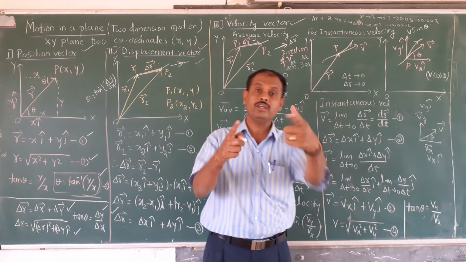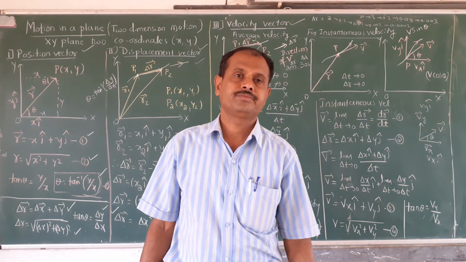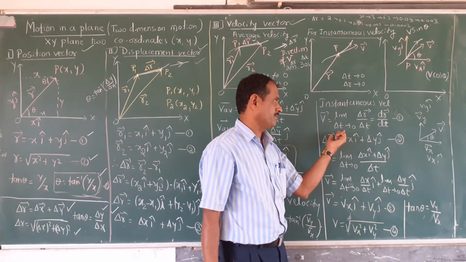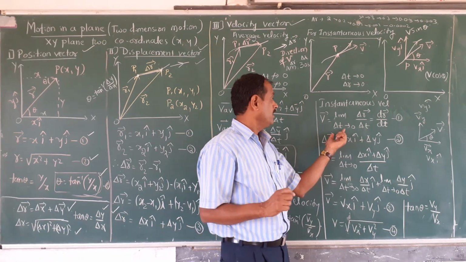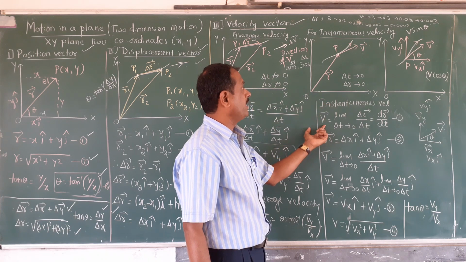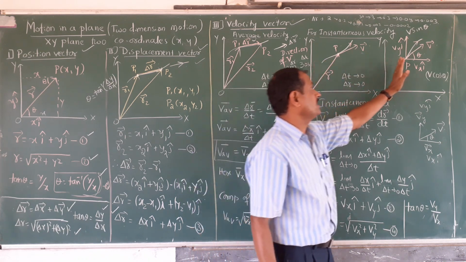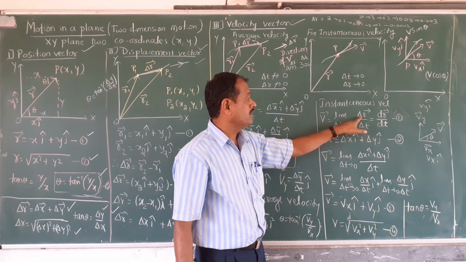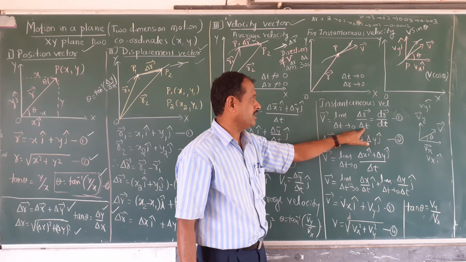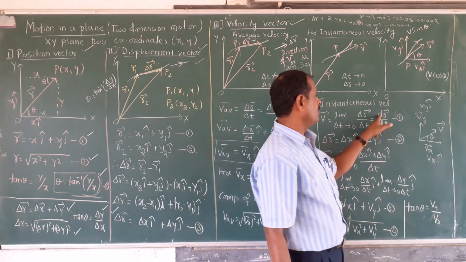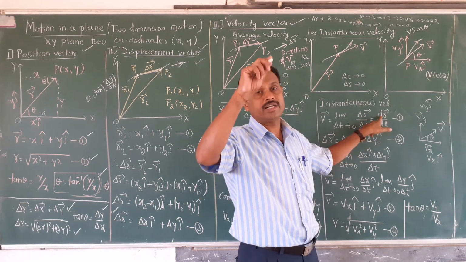At that time we get the instantaneous velocity. It means the limiting value of the average velocity. Instantaneous velocity is the limit as Δt tends to 0 of Δr divided by Δt, and it becomes dr by dt. Δ is gone, and a small letter d comes.